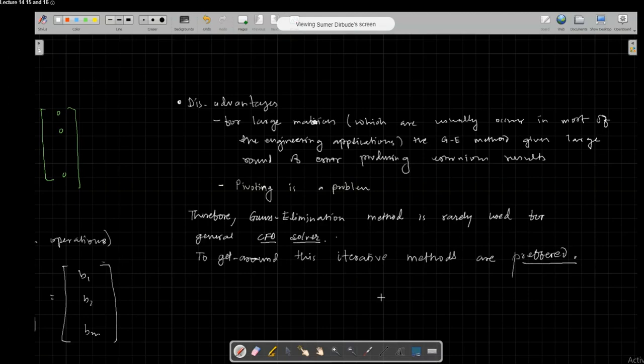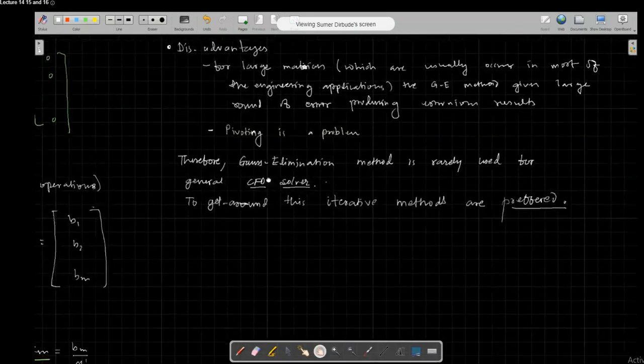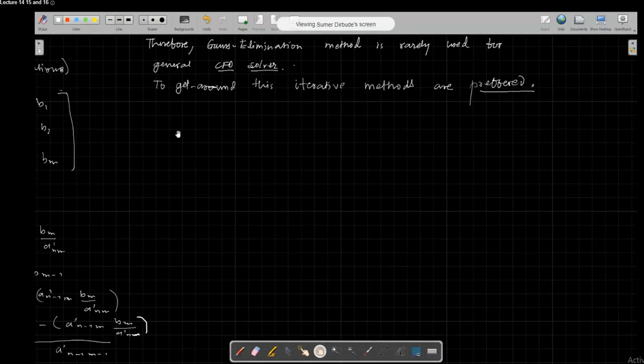As we said, iterative methods are like Jacobi method. Okay. What is this method?